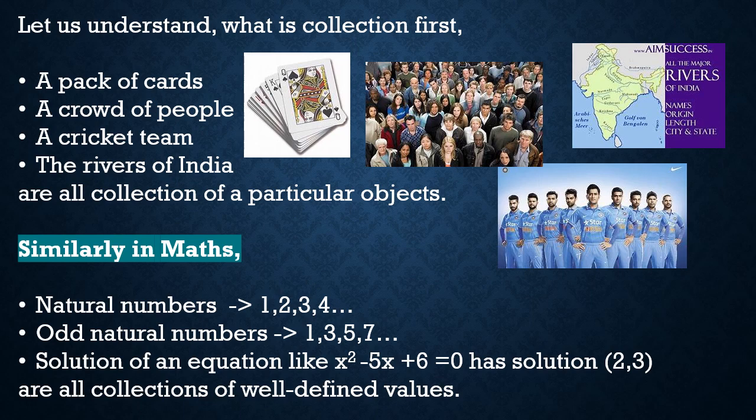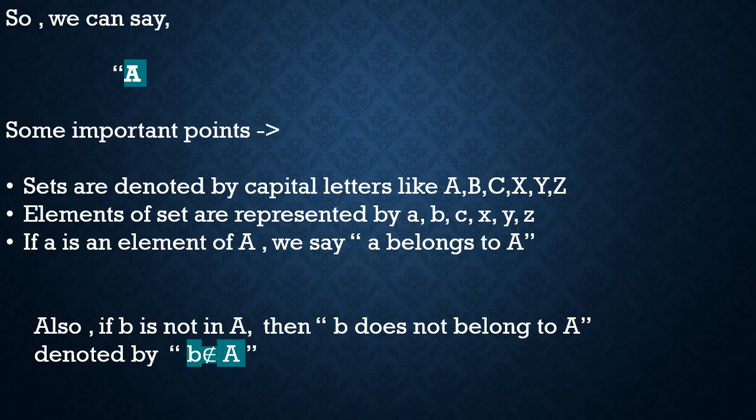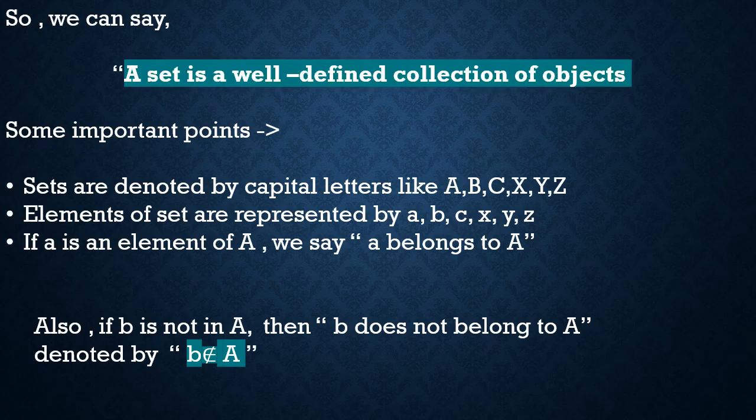Similarly in maths, natural numbers 1, 2, 3, 4, etc., odd numbers 1, 3, 5, and the solution of an equation like x square minus 5x plus 6 is equal to 0, which has only two solutions, 2 and 3. So these are all collections of some well-defined values. So we can say a set is a well-defined collection of objects.